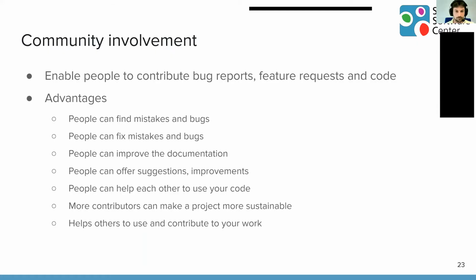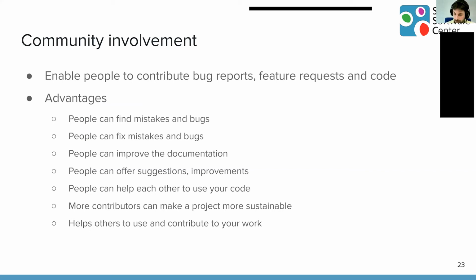So, community involvement. This is enabling people to contribute bug reports, feature requests, maybe even code. And the advantages here, a lot of them come back to the same advantages of making your code open source in the first place. It allows people to find mistakes and bugs, hopefully even fix these mistakes and bugs for you. People can also improve the documentation, offer suggestions for changes and improvements.